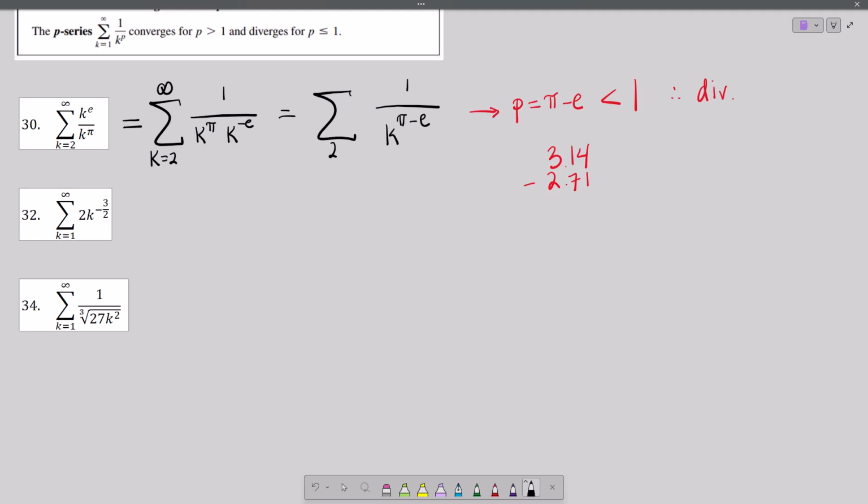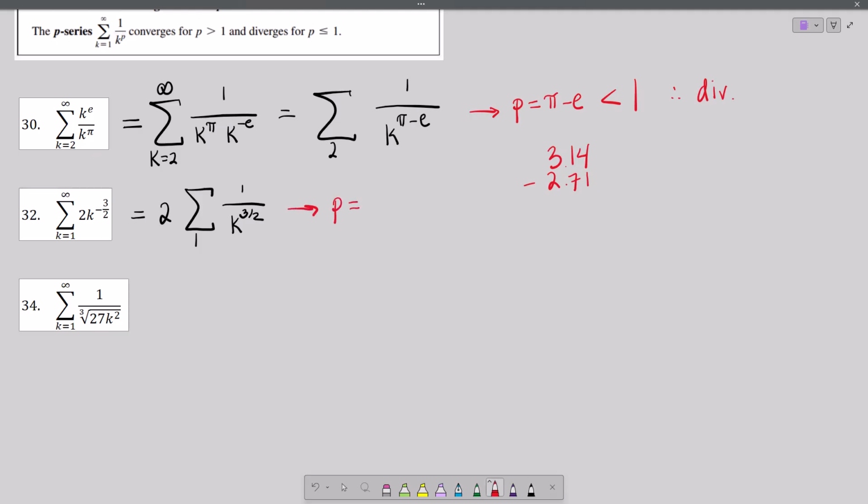So that's the first thing you're going to do: get that out of the way so you can have a constant multiplied by a p-series. That's what you should have as your next step. The constant can come out. Constant multiplication doesn't change convergence or divergence, so somebody tell me what p is.